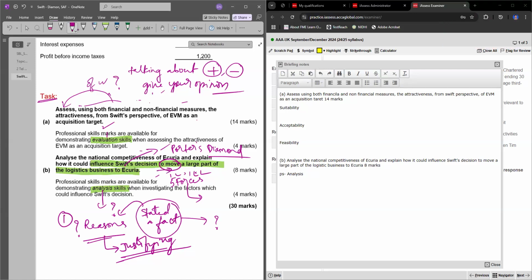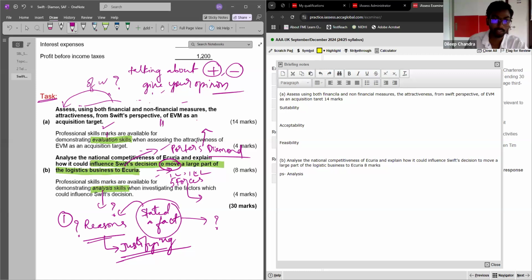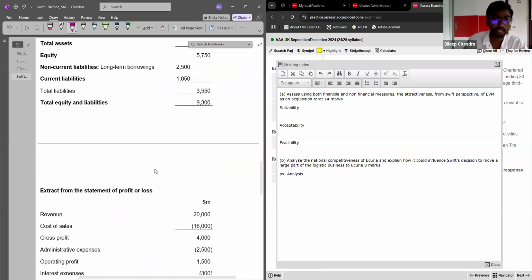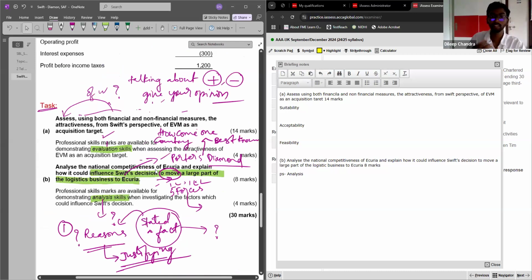Okay. Porter's diamond, we have said, how come one country is best known for something? Unless it is best known for something, Swift doesn't want to move, right? Our prediction, we'll see.